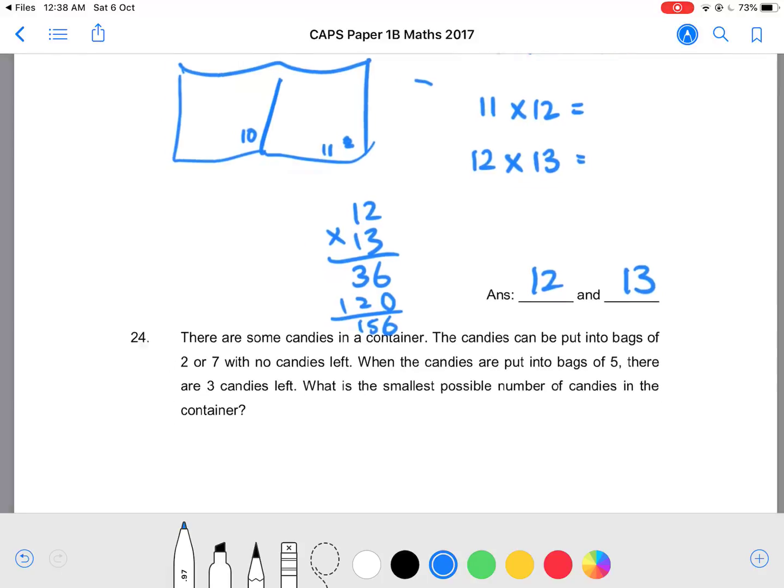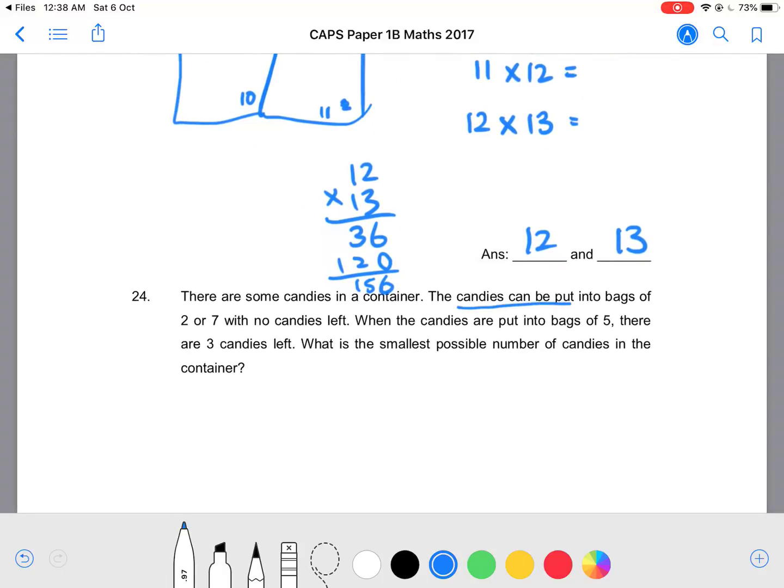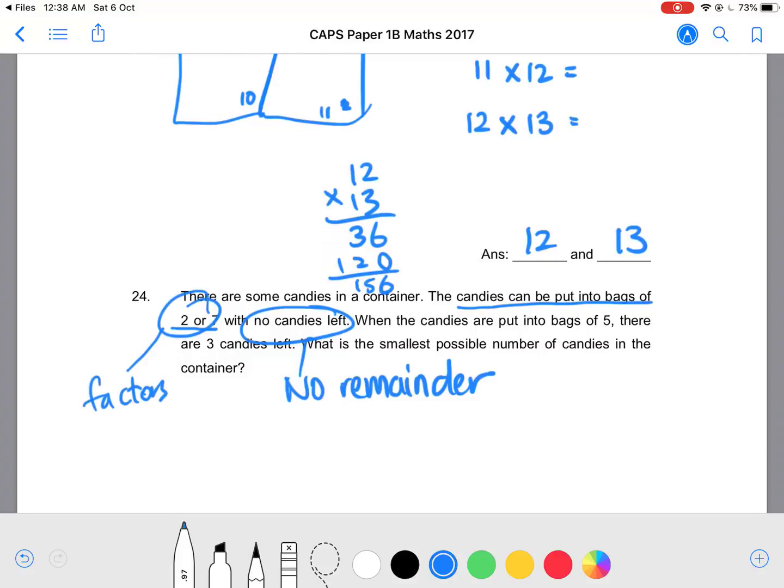Okay, now this one is interesting also. You can either put them into bags of 2 or 7 and you have no candies left. No candies means no remainder. So it means that you can take 2 and 7 as the factors.